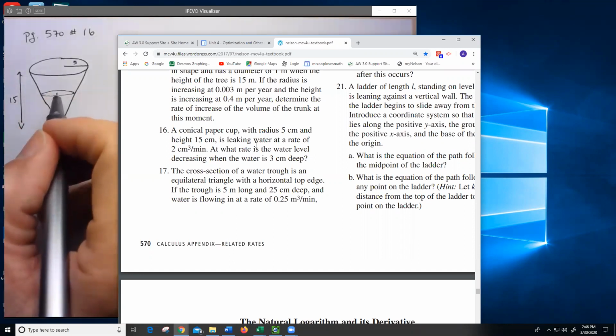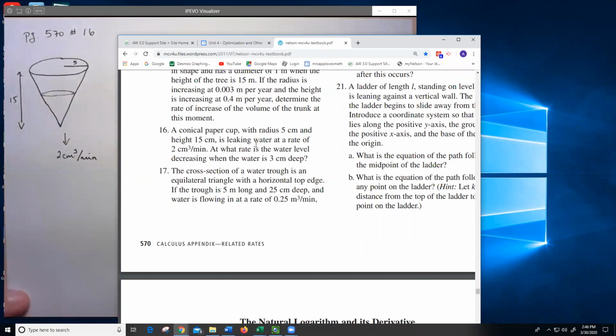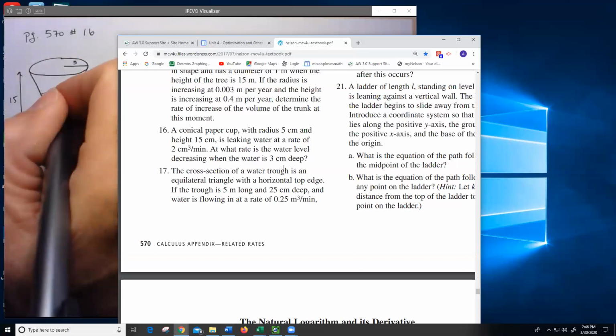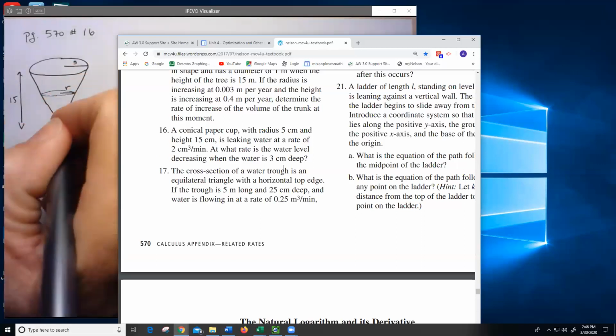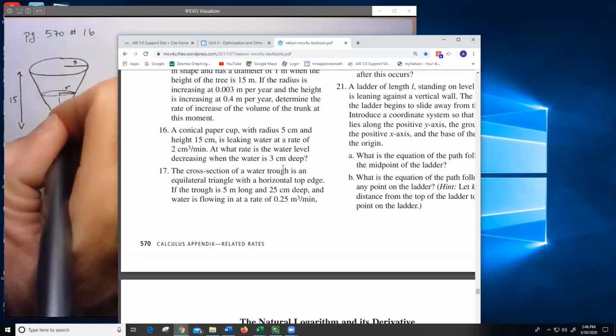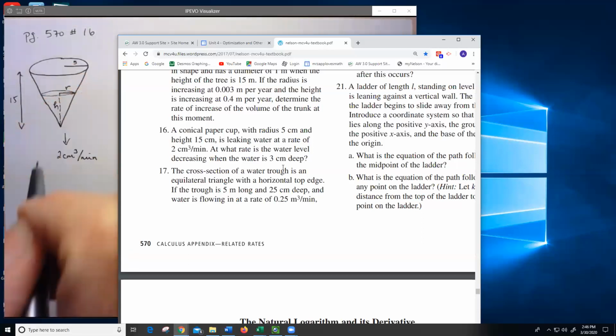Now, we'll get to that in a second. Now notice here, they tell us when the water is 3 centimeters deep, but that's at one particular moment in time. So what I want to do is set this up, and I'll just call this R for radius, and I guess I'll use H for height.